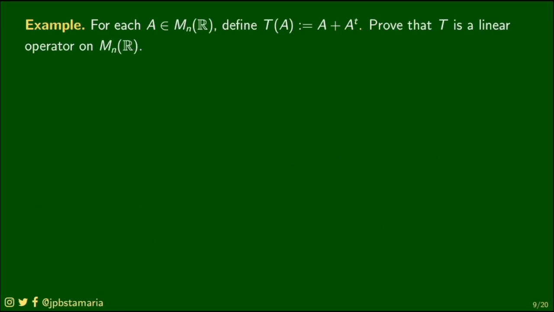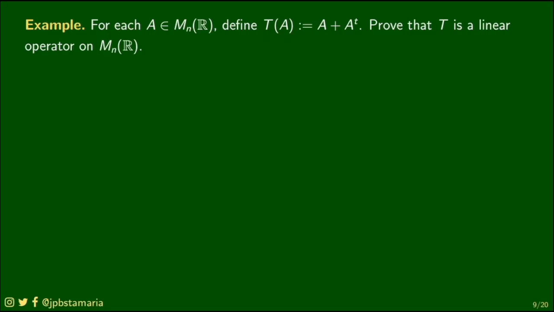So we have one more example. Here we are now changing the vector space. Here the vector space is the space of n by n real matrices. For each matrix A in the space M_n(R), so A is a square matrix, we define T of A as follows.